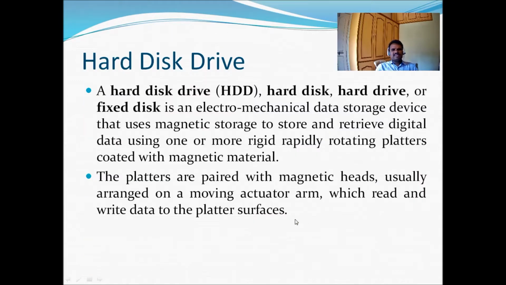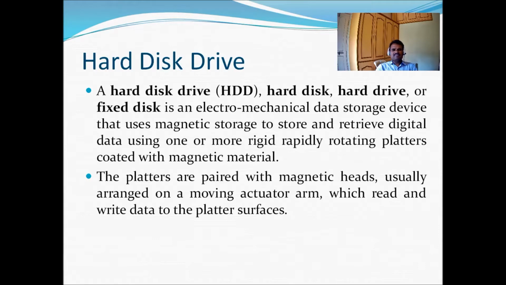So a hard disk, hard drive or fixed disk is an electromechanical data storage device that uses magnetic storage to store and retrieve digital data using one or more rigid, rapidly rotating platters coated with magnetic material.